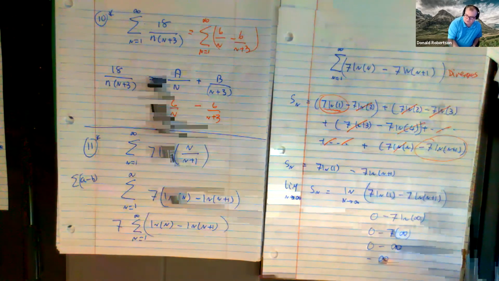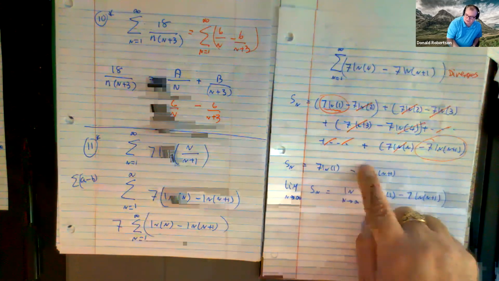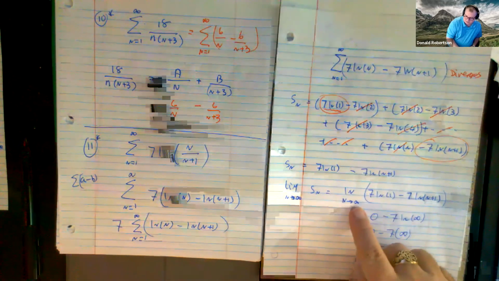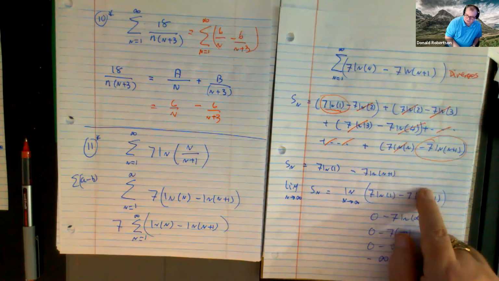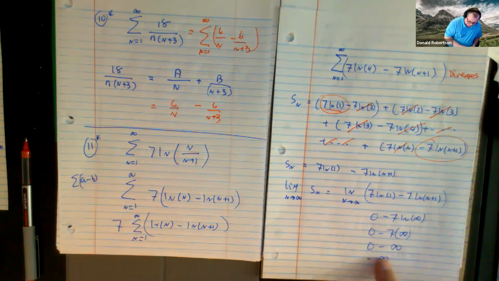And if you take the limit as n tends to infinity, that guy's 0, and that guy's infinite, and so the answer is negative infinity, which is a diverging situation.